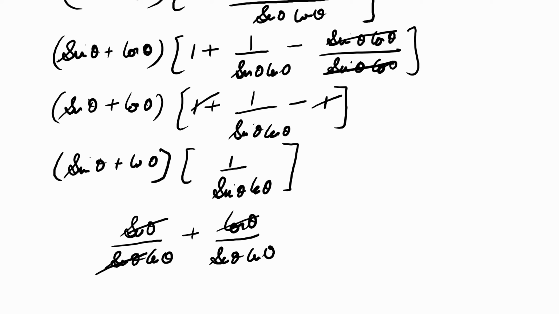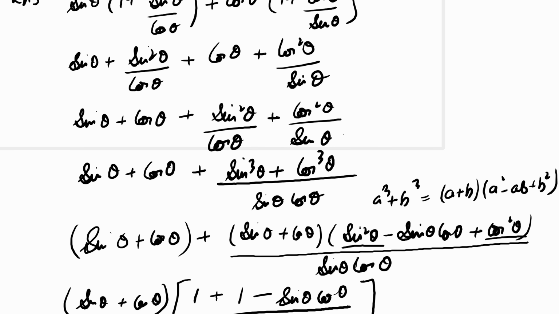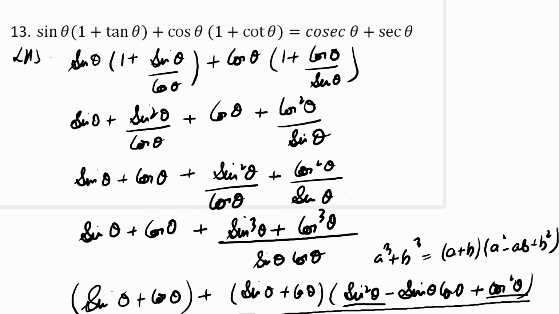Sin theta and sin theta will cancel out, cos theta and cos theta will cancel out. 1 upon cos theta will become sec theta, 1 upon sin theta will become cosec theta. This was the left hand side, equal to the right hand side, cosec theta plus sec theta.